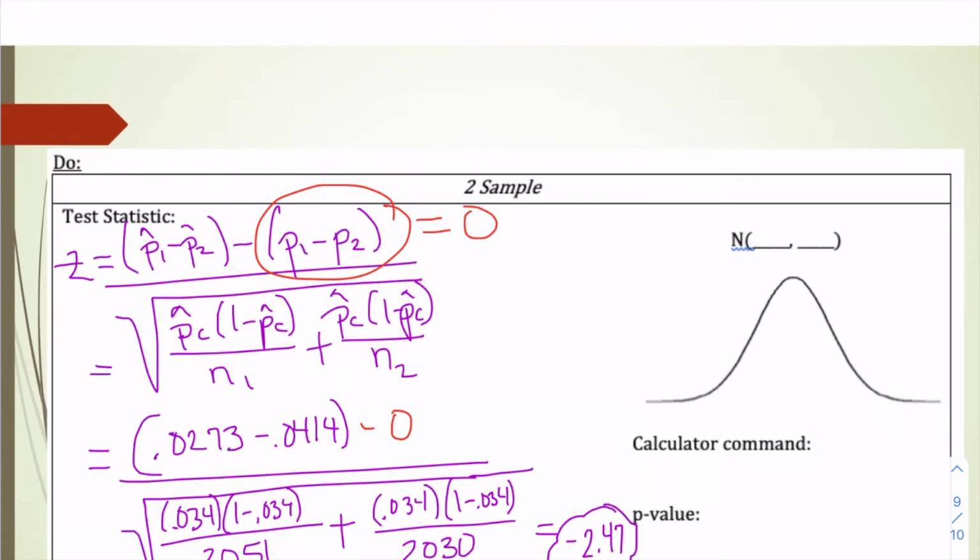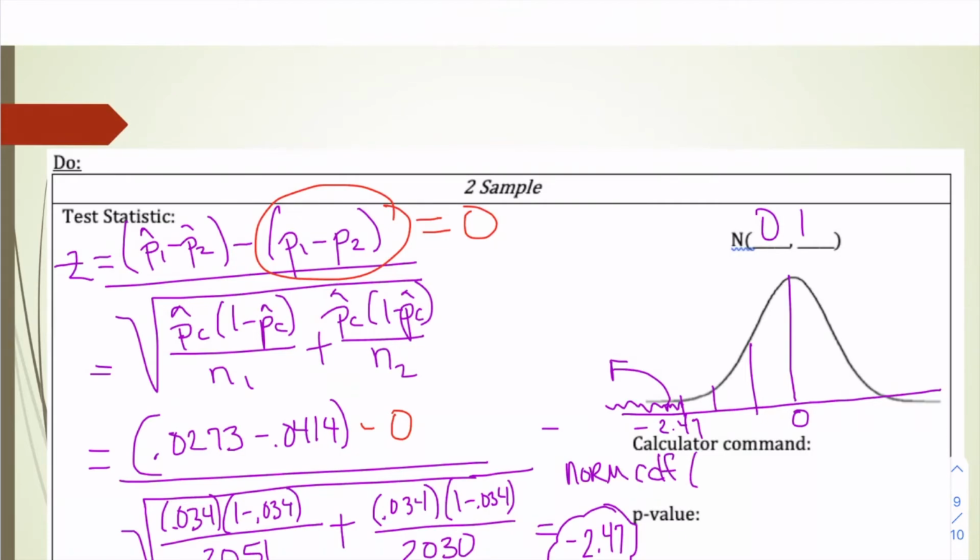Okay, so that's our z, and since we have a z statistic, this is going to be normal with 0 as my mean and 1 as my standard deviation. So 0 is in the middle, so negative 2.47 means I am about 2 standard deviations below the mean, and my area here, if I use my calculator command, I'm doing the normal CDF.